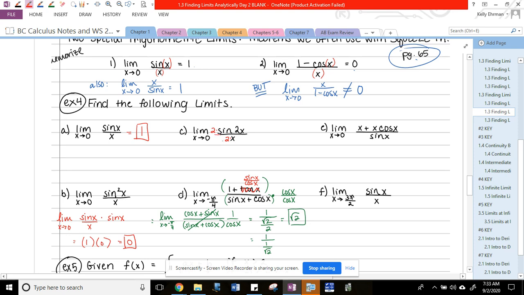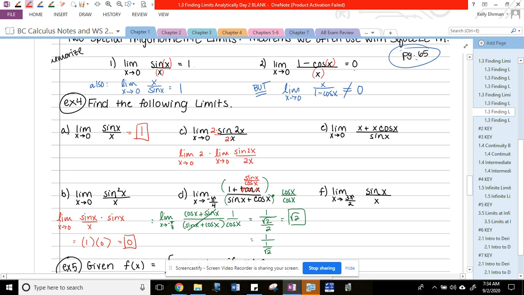I didn't change anything. And so I can use that property on the previous page that said if there's a constant out in front, you can pull that out, or you can think of this as, okay, I'm really taking the limit as x approaches 0 of 2 times the limit as x approaches 0 of sine of 2x over 2x.